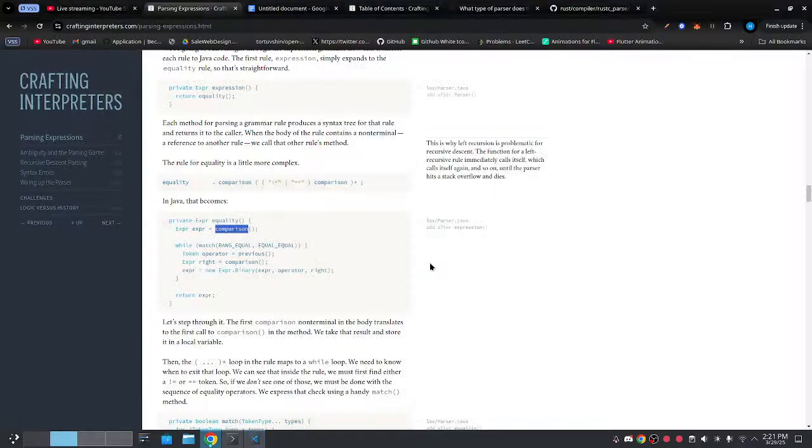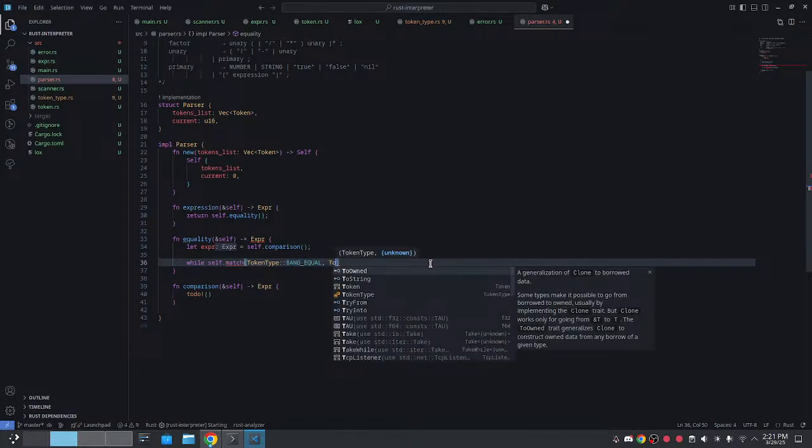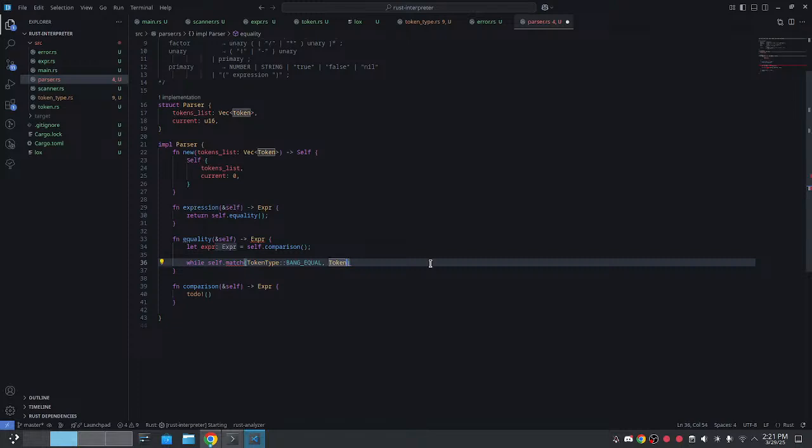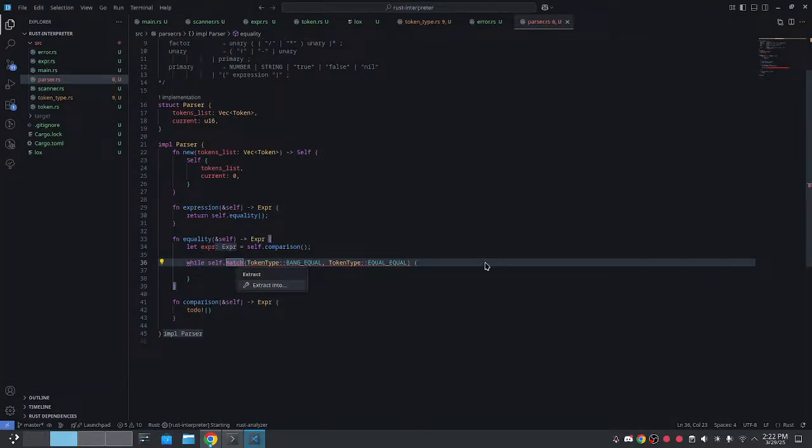While we have to match bang: self.match on TokenType::BangEqual or EqualEqual, right? I have to make this function also.